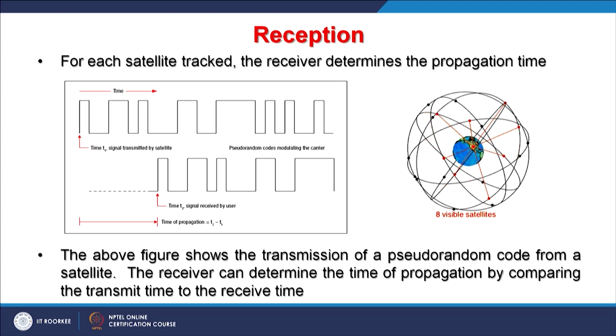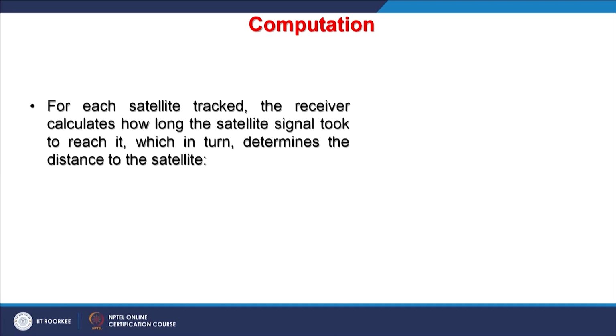But as mentioned earlier, if you are in a valley or inside a building or underground mine or in a dense forest, then the visibility or access to the signals from these satellites, say GPS, will reduce significantly. So one has to be careful while estimating the position.